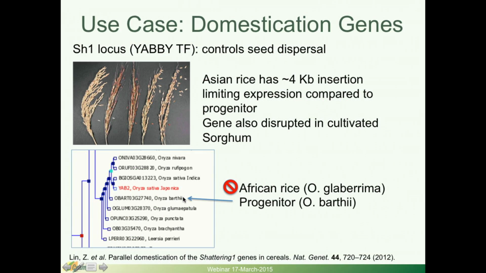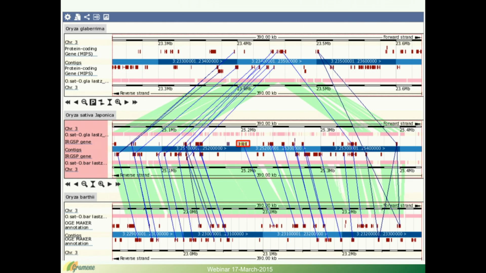And we see the gene as well in Oryza barthii, but it is noticeably absent in glaberrima. There's no gene in glaberrima. So we can then go to the whole genome alignments and compare them. This is Asian rice, above here is Oryza glaberrima, and down here is barthii.